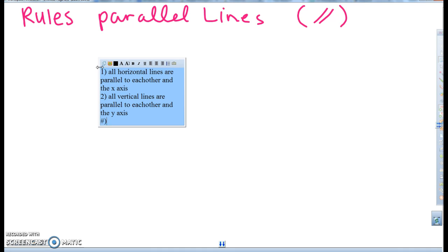And our third rule for parallel lines is that if two non-vertical lines in a plane, because lines exist in a plane, have the same slope, then they are parallel.